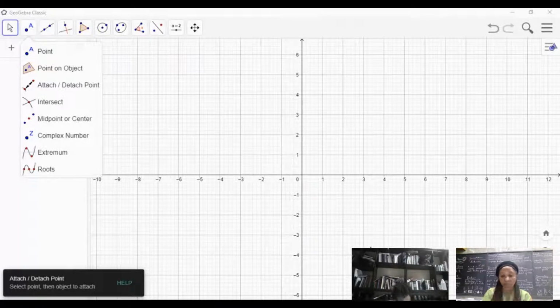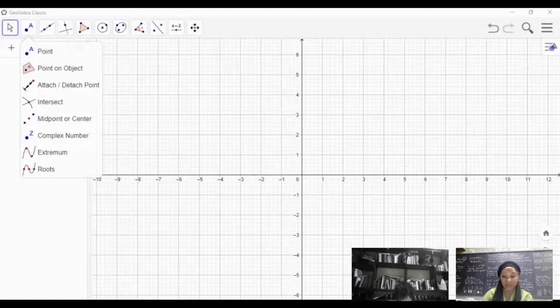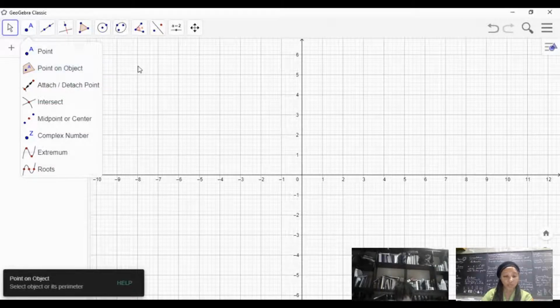If you're not familiar with how to do that, we're not going to focus on that tonight. Our focus is how to get the solutions where we have functions intersecting, solving simultaneous equations. So I'm just going to give you an idea of how we would approach something like that.